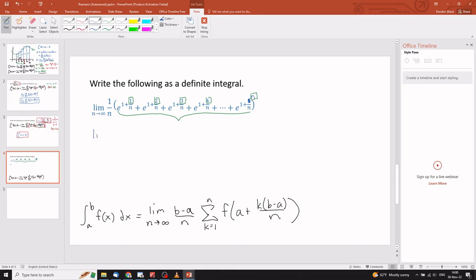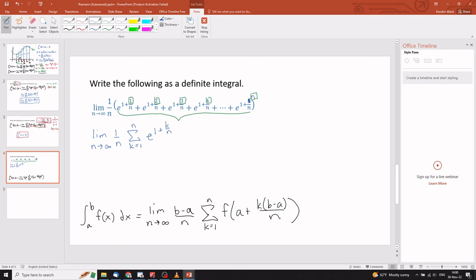We would have the limit as n goes to infinity of 1 over n, and then the summation, k equals 1 to n, and it would be e to the 1 plus k over n.